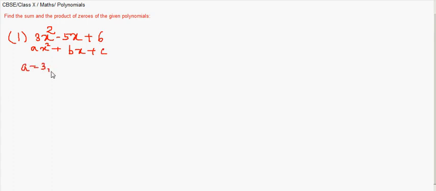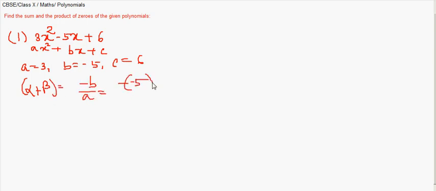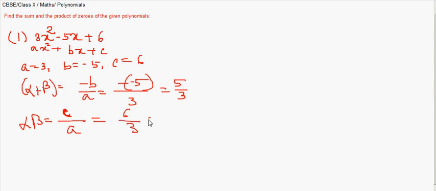Now the sum of the zeros, alpha plus beta, is minus b by a, it's minus of minus 5 by 3, that's giving us 5 by 3. On the other hand, alpha beta, that is the product of the zeros, is given by c by a, it is 6 by 3, that is 2.